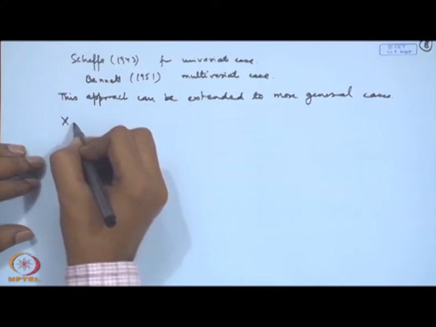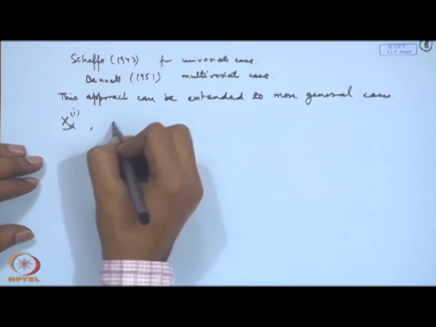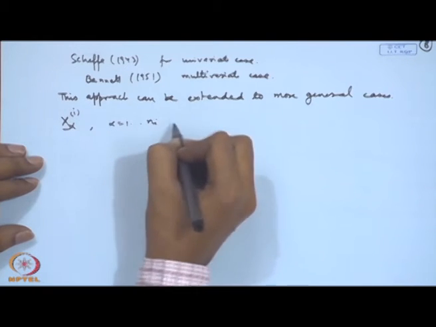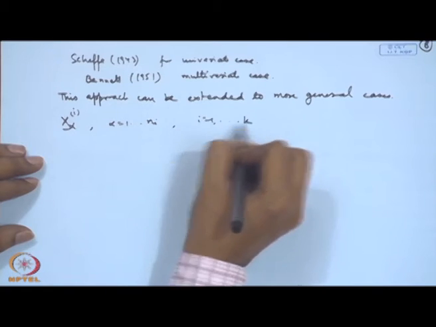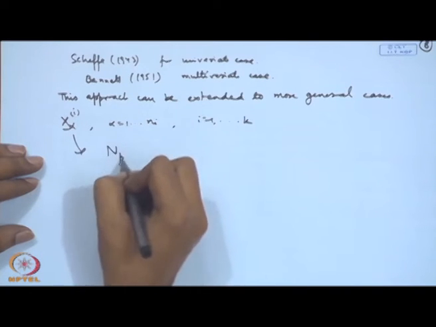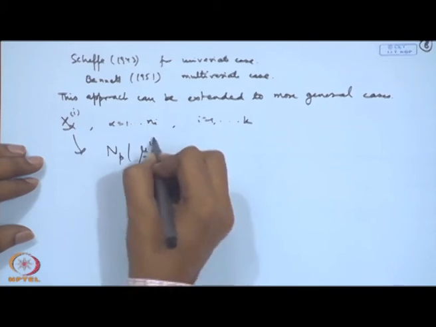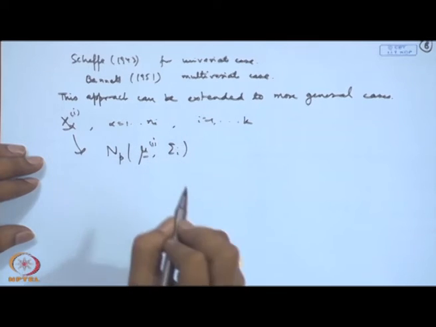Let us consider say x alpha I, for alpha is equal to 1 to n I, I is equal to 1 to k. So, these are samples from N p, say mu I sigma I. Okay.